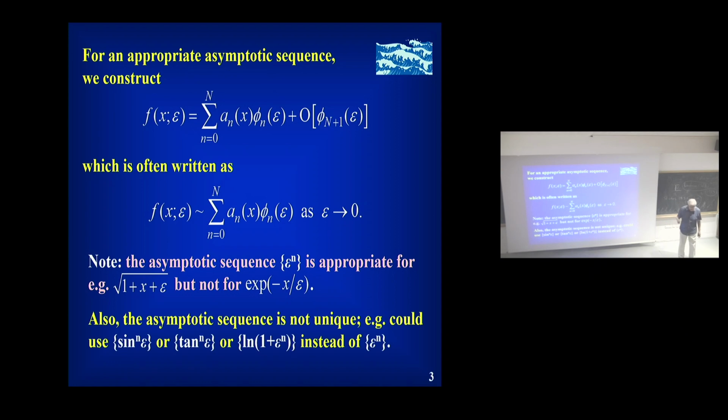Okay. Here it is. Asymptotic sequences are not unique. Normally, we're in a position of assuming them, or possibly being given them, or we have very strong guidance from the underlying differential equation as to what the asymptotic sequence should be. But it's not unique. If you wanted something which behaves something like this, you could use any one of these and any other number you can think of, but we would normally just use the simplest one, naturally.